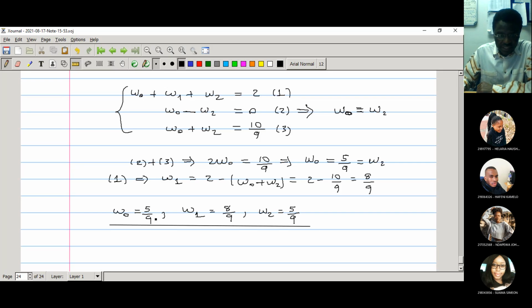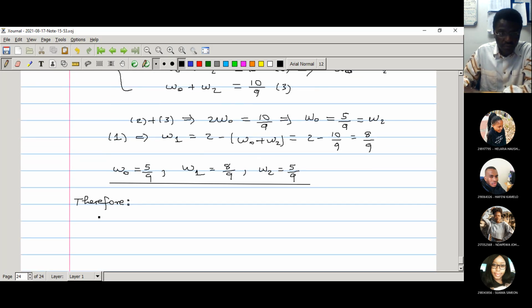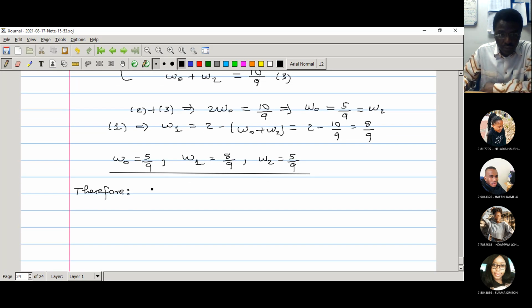Now, so I have all my weights. If I take these weights and substitute into the formula above, therefore, because the rule is what we are looking for, our rule now, consider the integral of f of x dx. For our rule it is approximated by what?